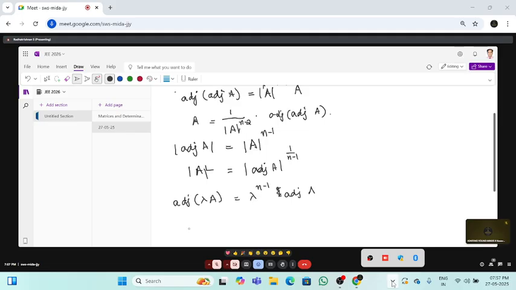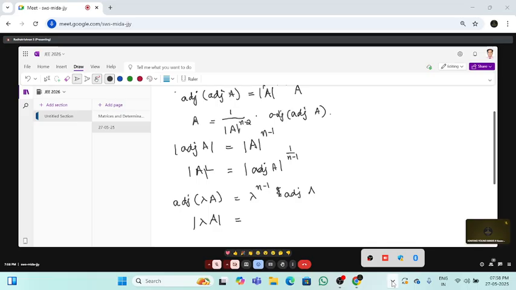Then I'll ask you just one more before we go on. Determinant of lambda A. So determinant of A is given to you, and you know n.